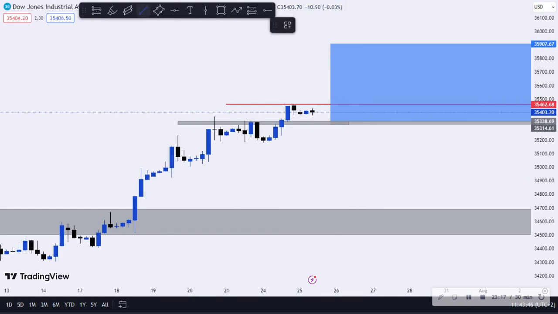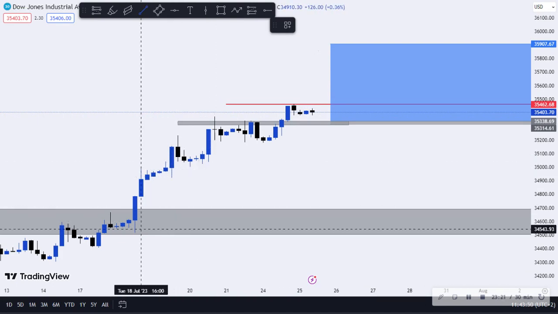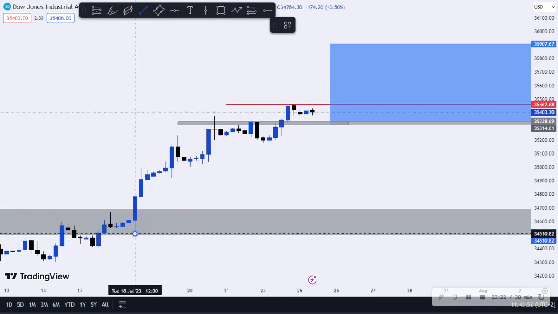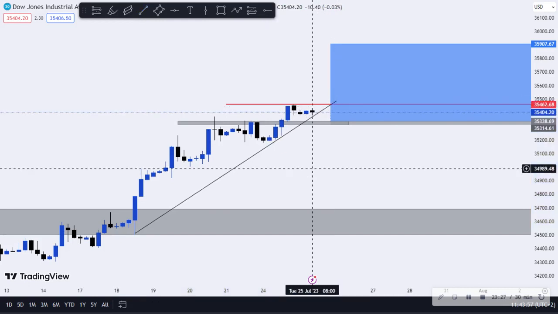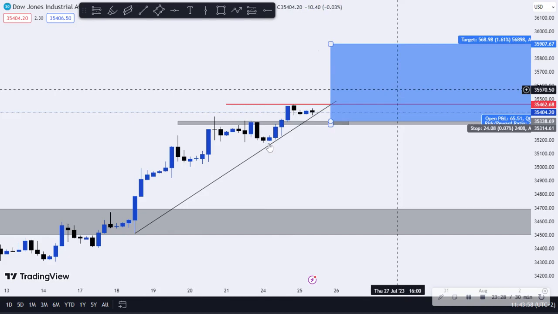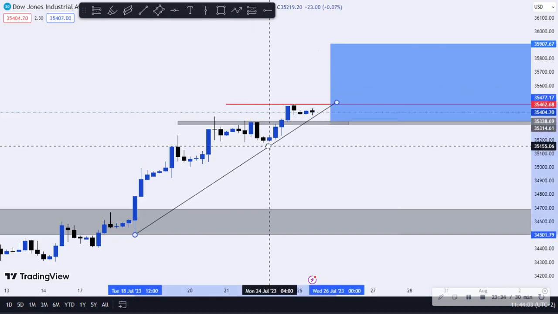So that's how I actually analyze the market. That's how I actually see the direction of the market. So let me just do something like this. As you can see, we have a trend, and then it didn't touch here, then it's still not valid. Let me just make it touch.